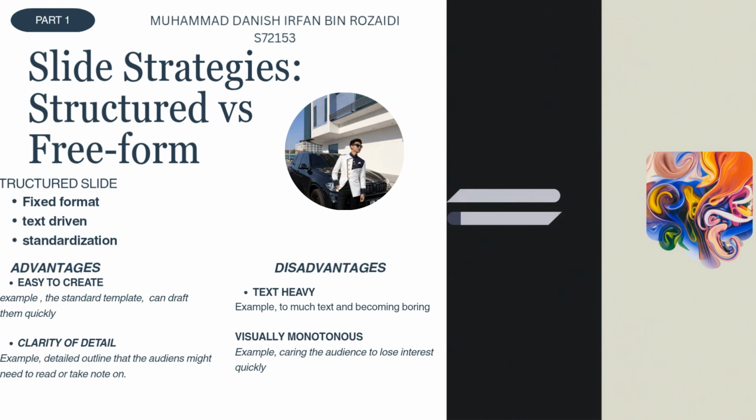Second, this slide is text driven, meaning most of the information is presented using words instead of visuals like images or graphics. And the next one is standardization. So all the slides look consistent and organized. This makes the presentation easy to follow.